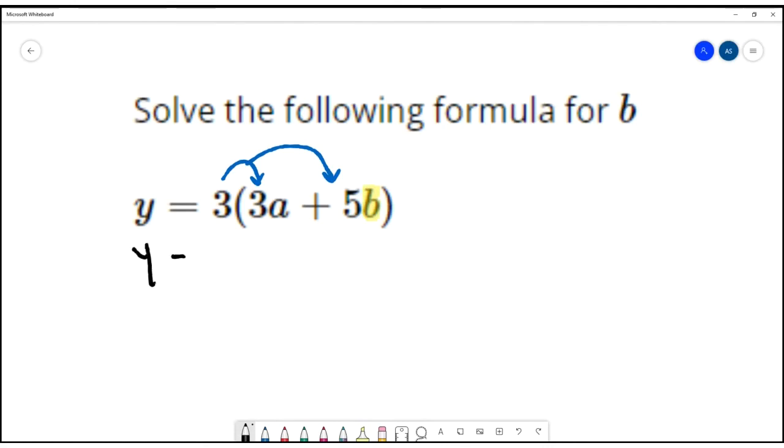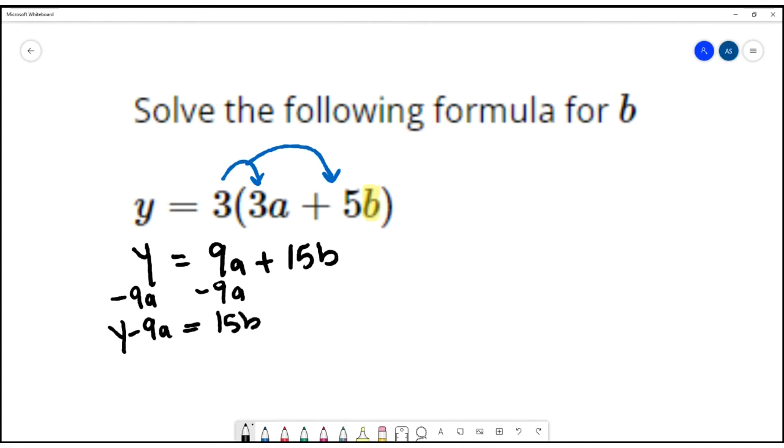That gives y equals 9a plus 15b. And I'll solve for b by isolating it. I'm going to subtract 9a. We have y minus 9a equals 15b. Divide both sides by 15, and we have b equals (y minus 9a) over 15.